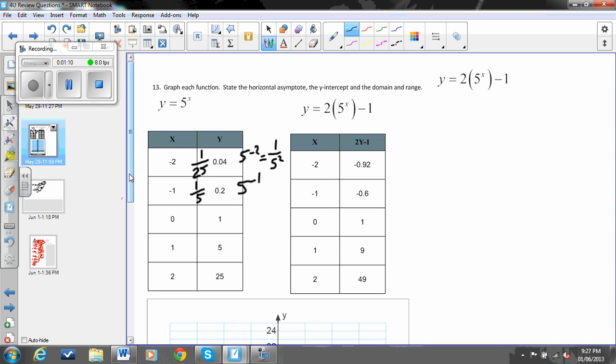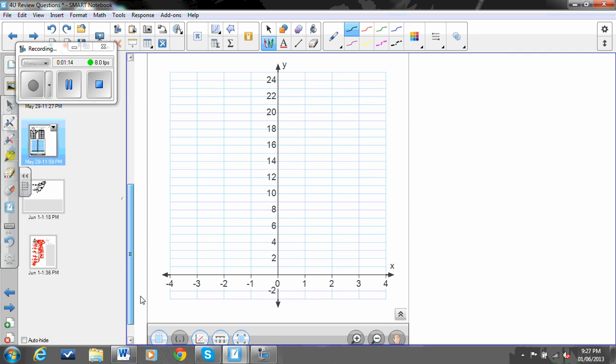We can now transfer these values onto my graph. So we now have a sketch of y equals 5 to the x.